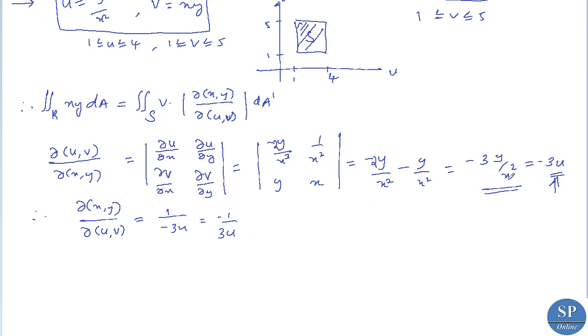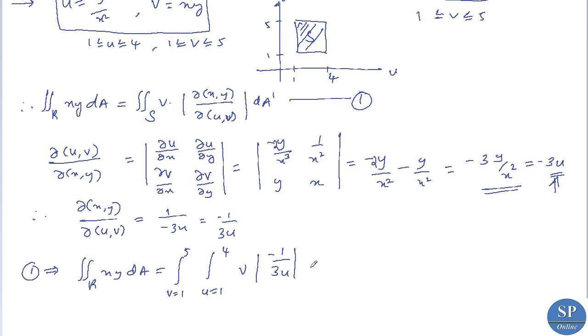So from this, our double integral over R of xy dA can be written as the double integral over S, where v varies from 1 to 5 and u varies from 1 to 4, of v into modulus of minus 1 by 3u into du dv.